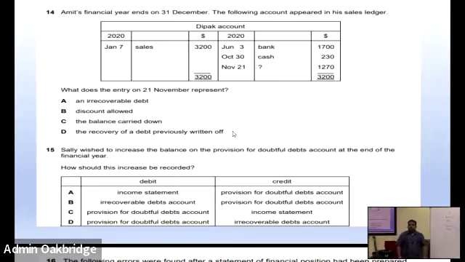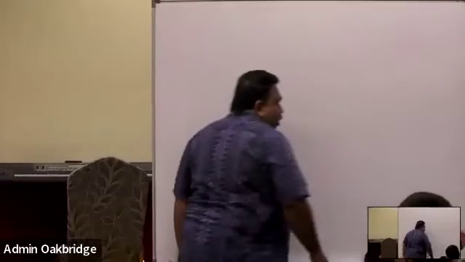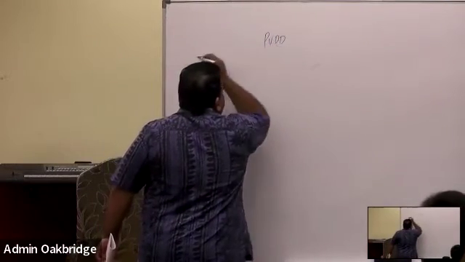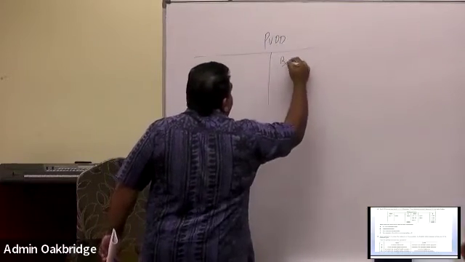This is where you must know that when the provision for doubtful debts account increases, the provision account will be what? I know, debit side or credit side? Credit side, right?